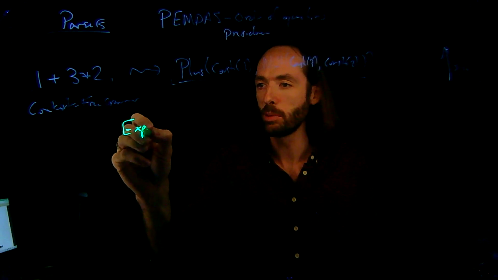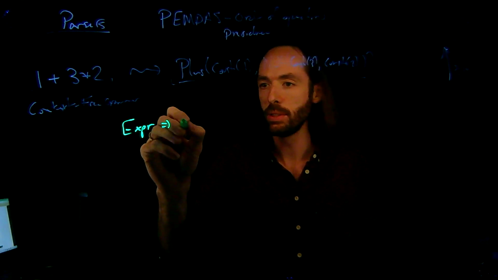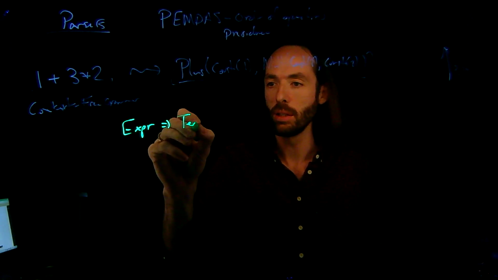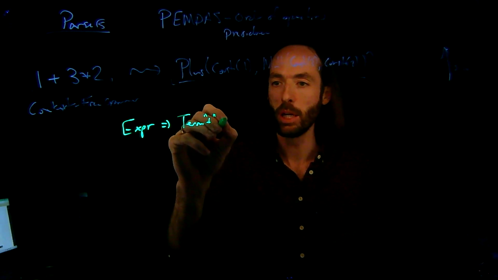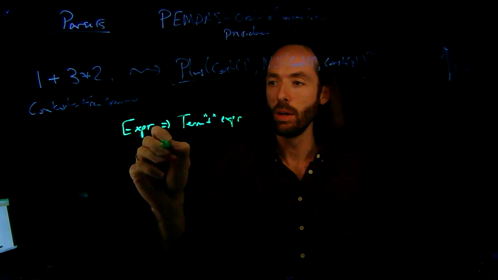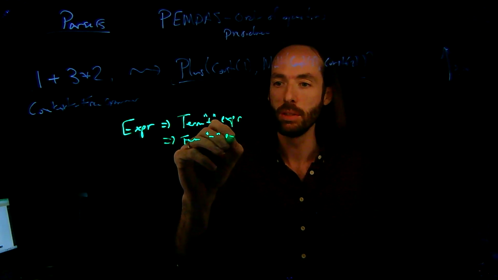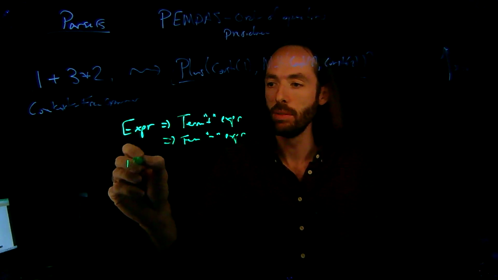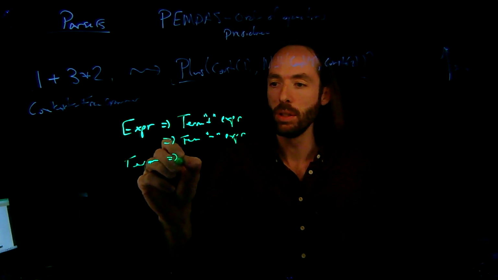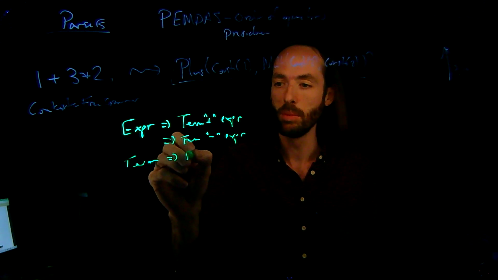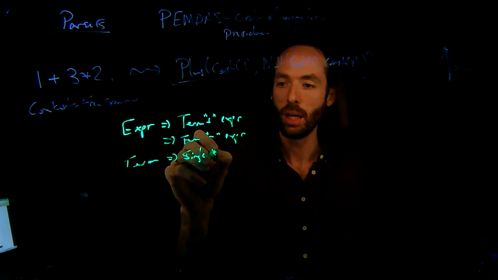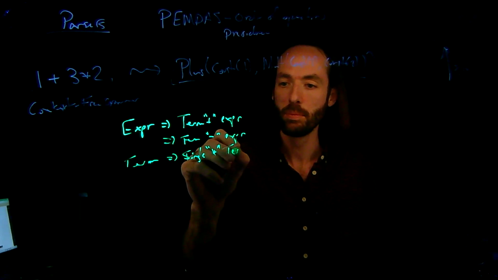So we have something that looks like this. We have an expression. This could be something like a term plus an expression, or a term minus an expression. A term could be a singleton times a term.